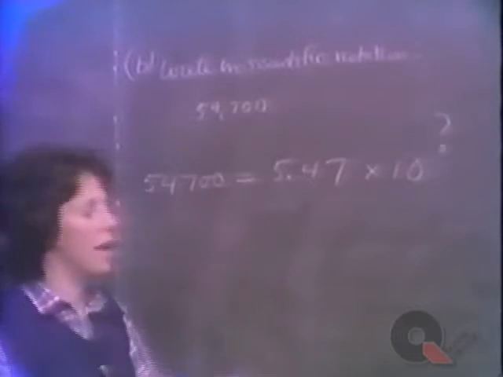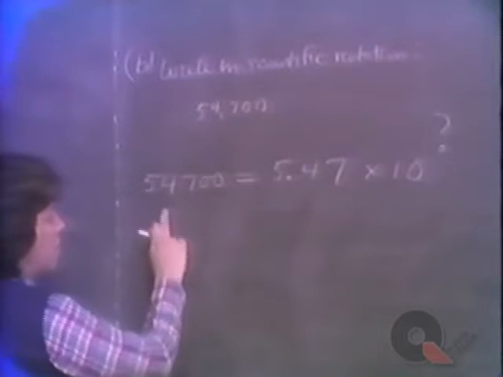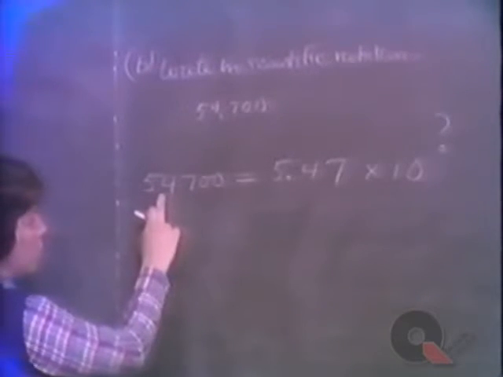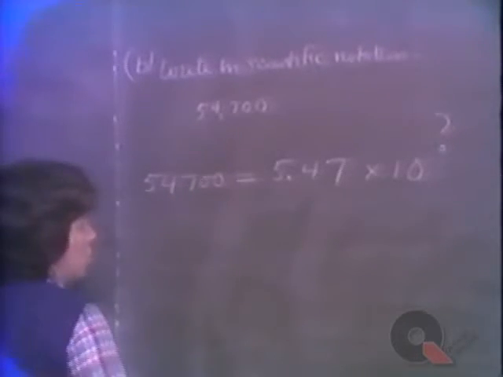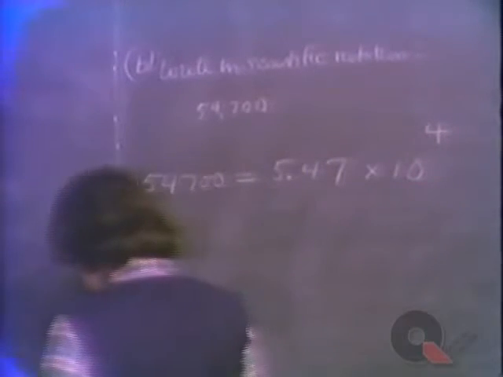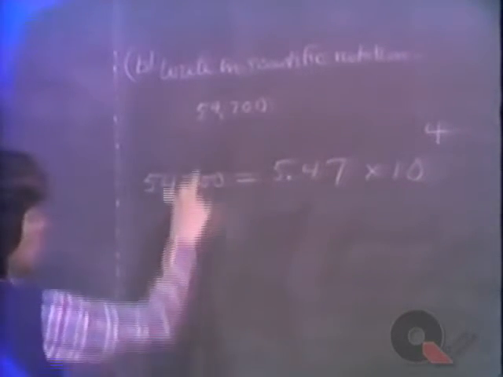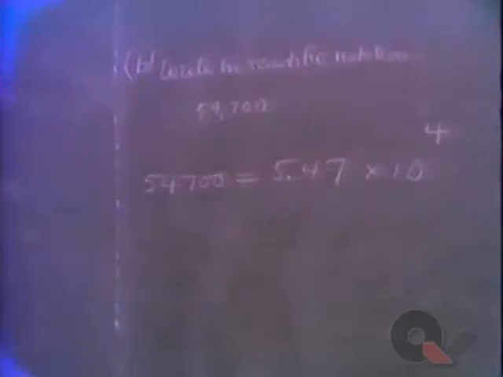So negative, you move to the left; positive power, you move to the right. We have 5.47 and want to move the decimal point 1, 2, 3, 4 places to the right. So this should be written as 5.47 times 10 to the 4th power, giving us 54,700.